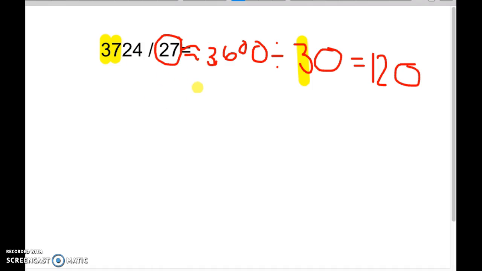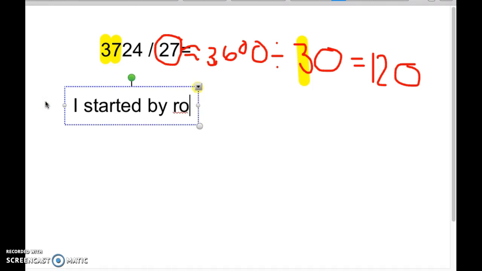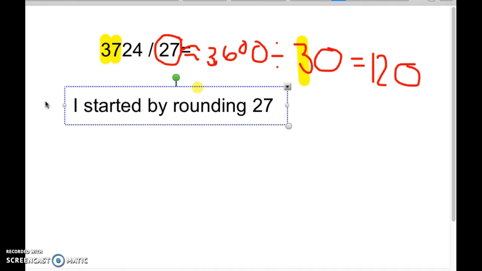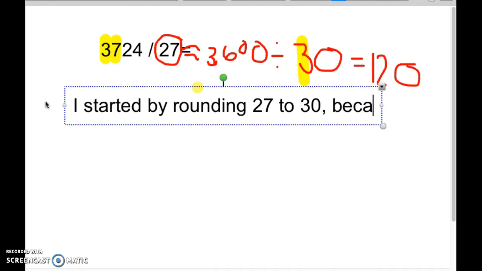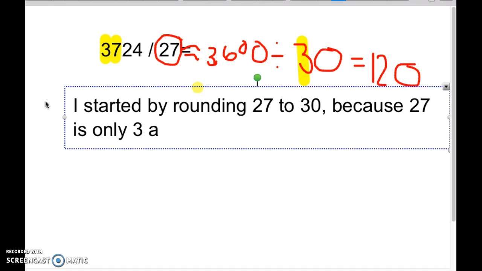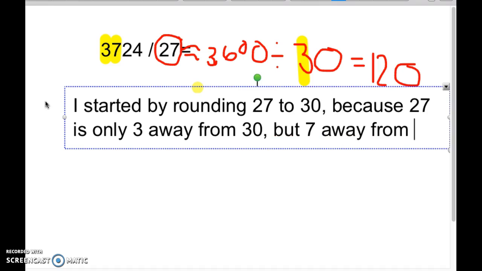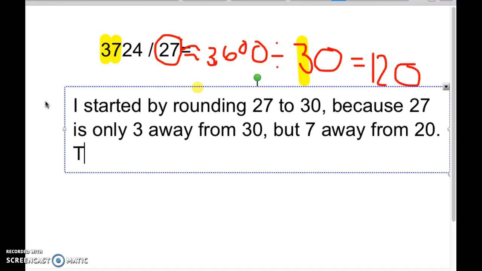So let me go back to this and we'll take a look at that. If I were going to start by saying this, I'd say I started, let me move this over so we've got plenty of room for my answer. I started by rounding 27 to 30 because 27 is only 3 away from 30, but 7 away from 20.